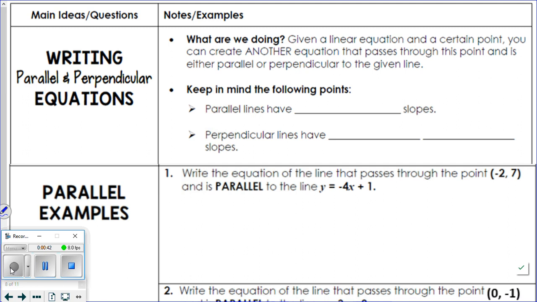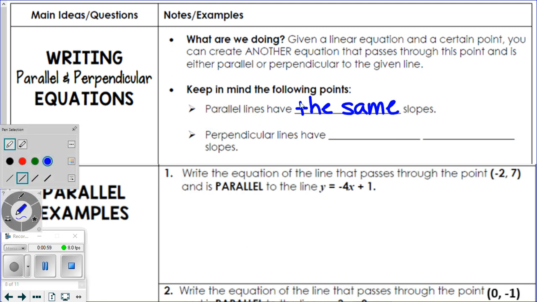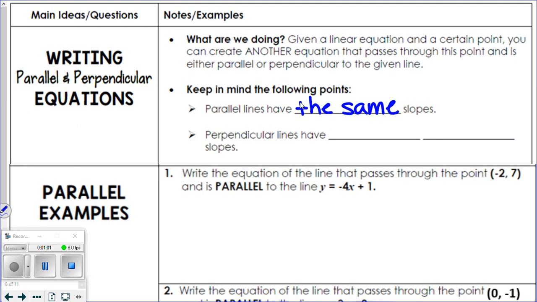So just a reminder that parallel lines have the same slopes. Perpendicular lines have opposite.